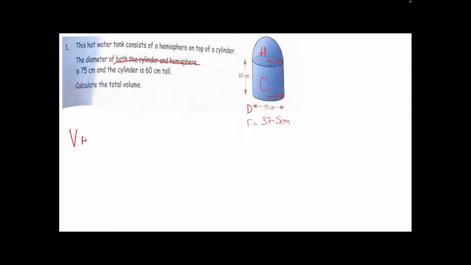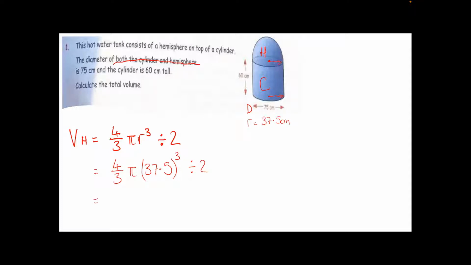So volume of your hemisphere then is going to be our 4/3 pi r cubed, and then we need to divide that by 2 because it's half of our sphere. So we're doing 4/3 pi times by 37.5 cubed and then dividing that by 2.